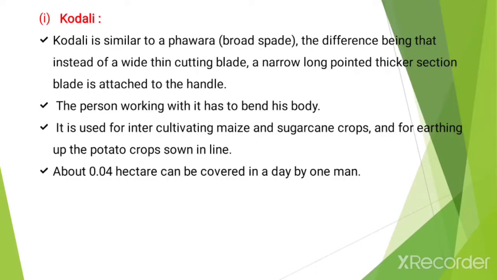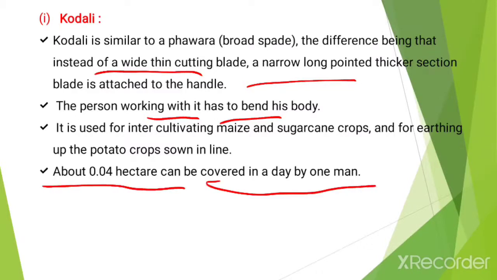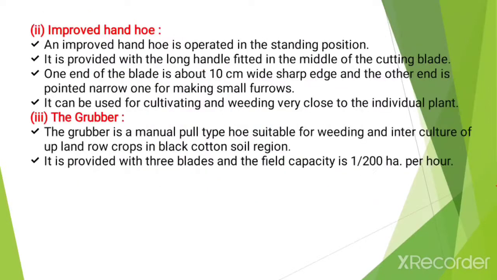Kudali is similar to the phawra or broad spade, the difference being that instead of a wide thin cutting blade, a narrow long pointed thicker section blade is attached to the handle, and a person working with it has to bend his body. It is used for intercultivating maize and sugarcane crops, and for earthing up potato crops sown in lines. About 0.04 hectare can be covered in a day by one man.